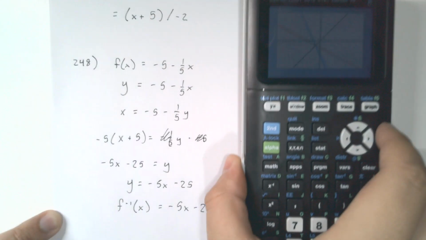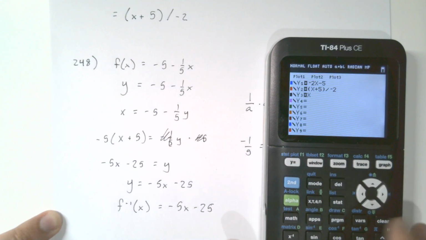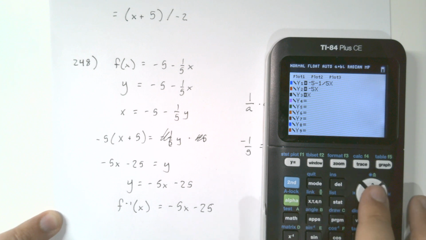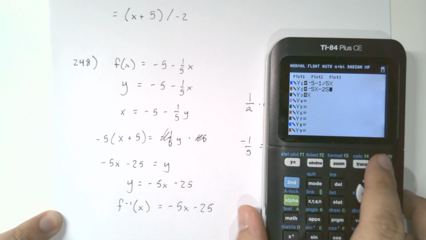So let's see if that is actually our inverse function. We'll clear these two functions that we had, and we type in, for the first function, negative 5 minus 1 divided by 5x. And for the second function, we have negative 5x minus 25. And let's see what our graphs do.